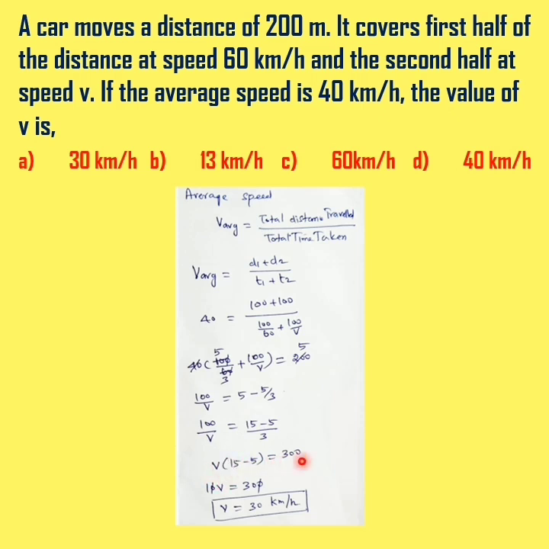Therefore 10v is equal to 300, and if we simplify this, v is equal to 30 kilometer per hour. That means the car traveled in the second half of the distance with a velocity of 30 kilometer per hour, so that the average velocity becomes 40. Therefore the right answer is A.